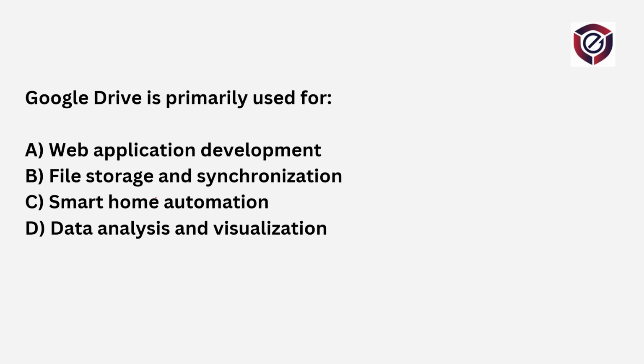For web development, Google Drive is not necessary. Smart home automation is not related to Google Drive. Data analysis and visualization is done with the help of Google Colab, not Drive. So the correct option is file storage and synchronization, which is done with the help of Google Drive. So the correct option is option B.